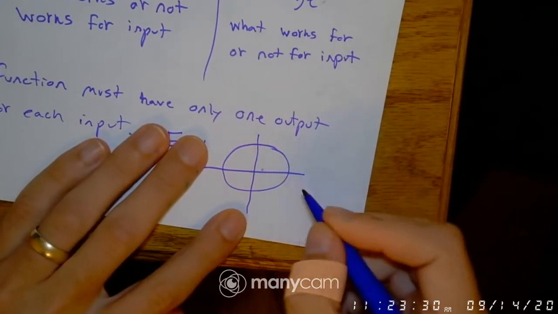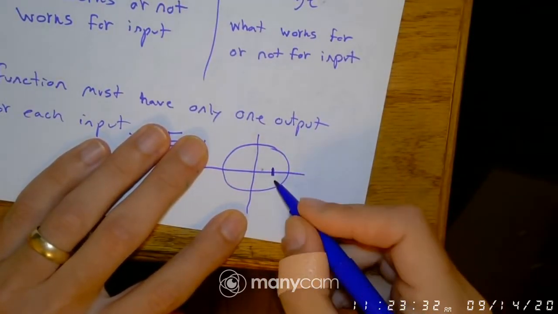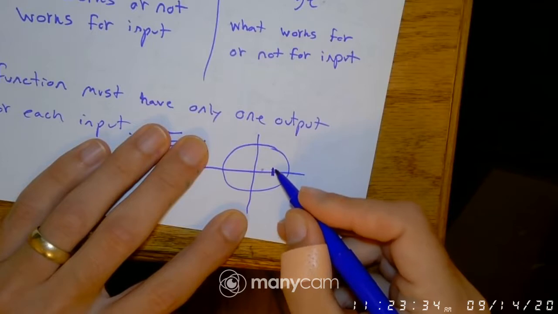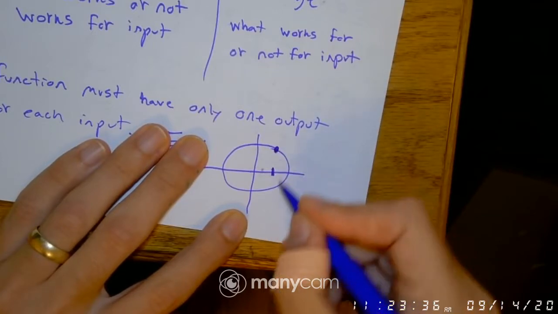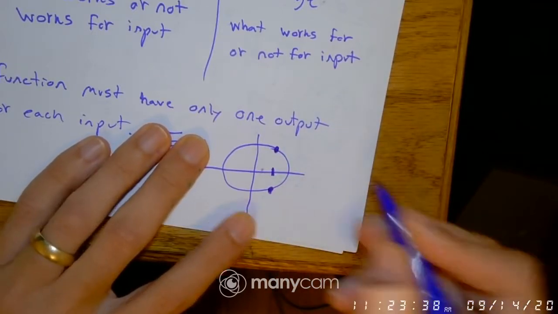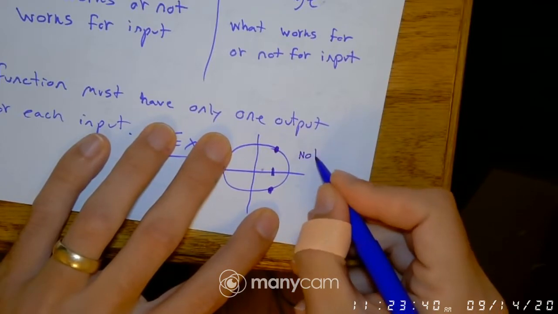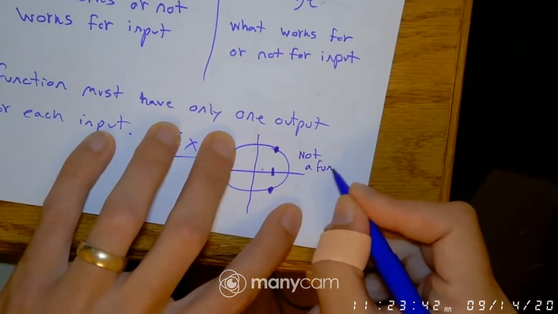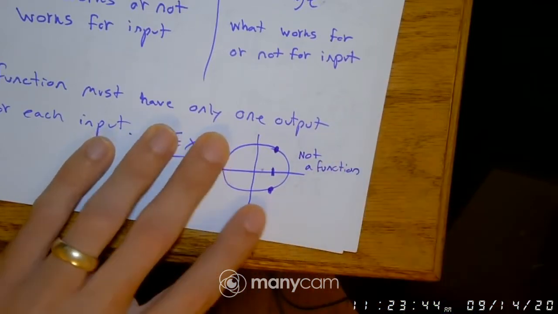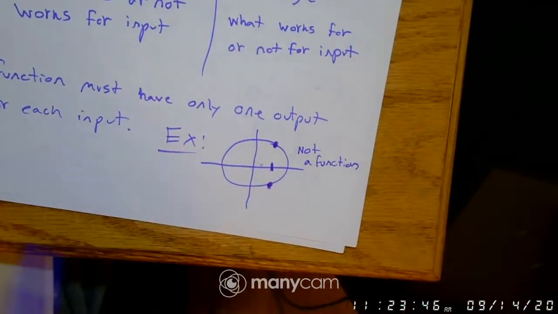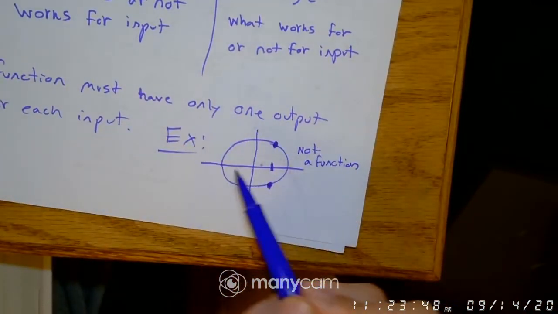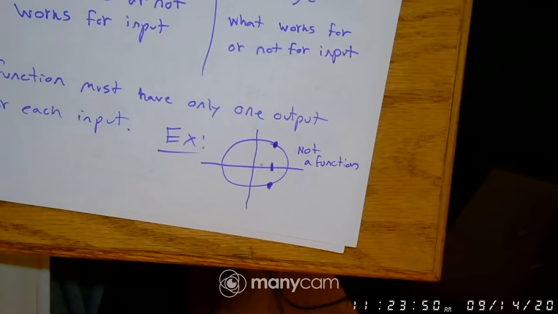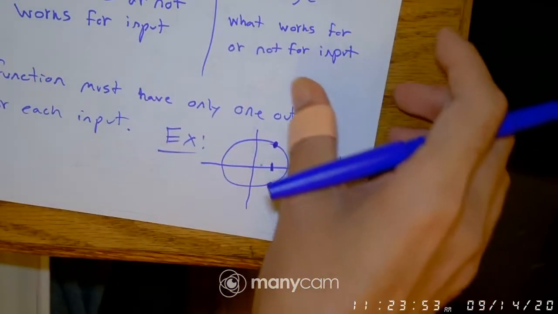And the answer is no, because for the y-values, there is a place where for one input there are two different outputs. So a circle is not a function. Things that are not functions are still important to us, but to be a function, it can only have one output for each input.